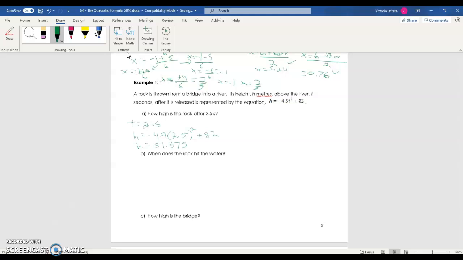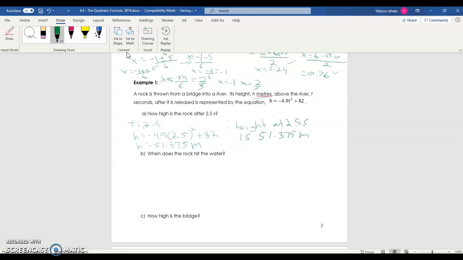And that's going to be meters, because according to our question, h is in meters. And then you would write a therefore statement. Therefore, height at 2.5 seconds is 51.375 meters, depending on how many decimal places I ask you to round to.